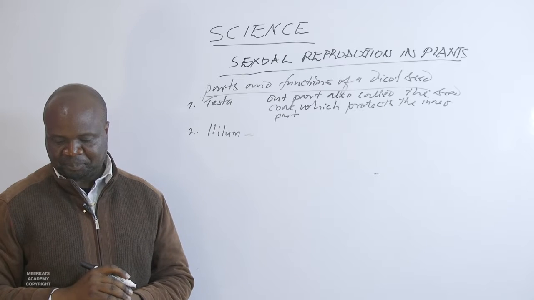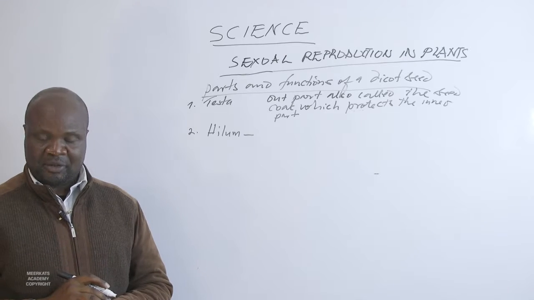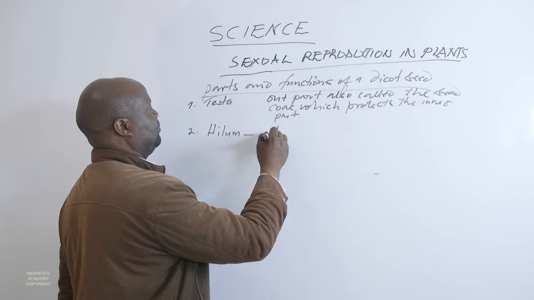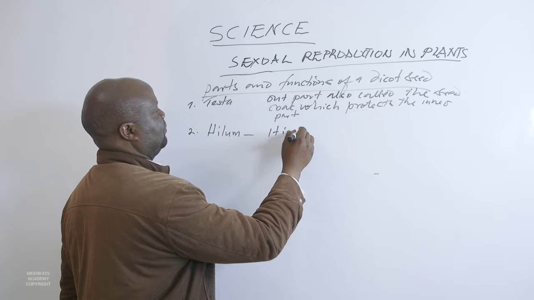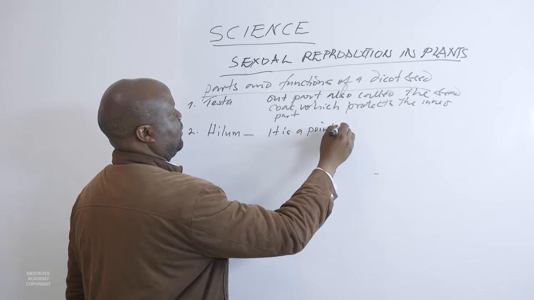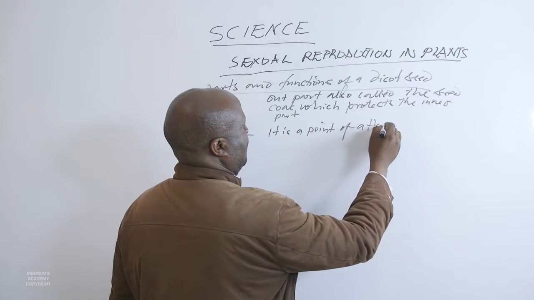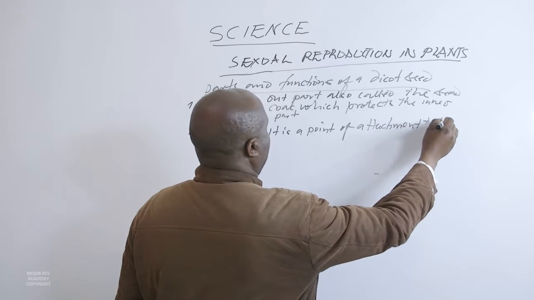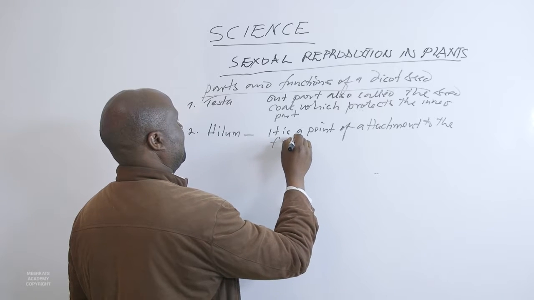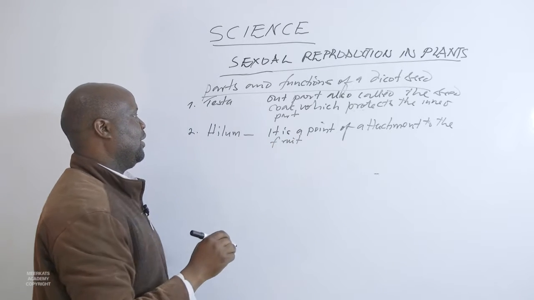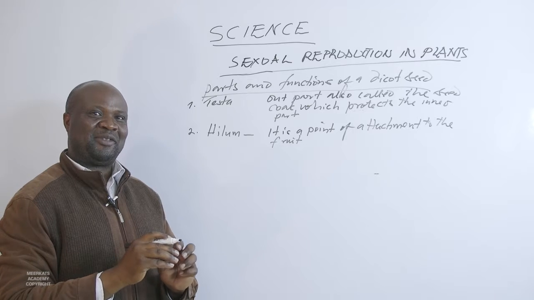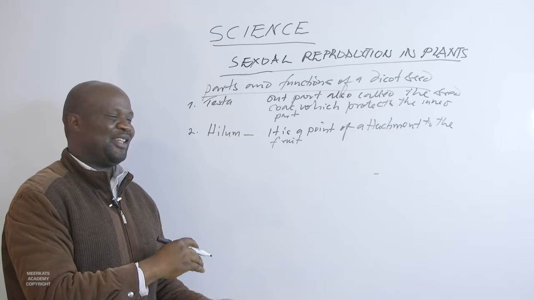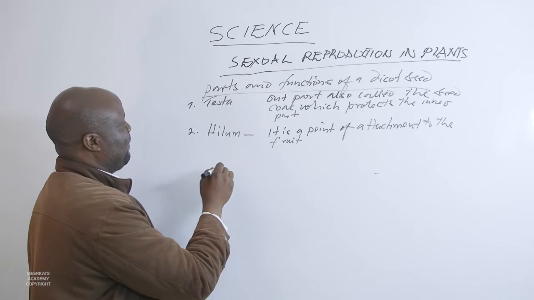The hilum is the point of attachment to the fruit. The seed is found within the fruit, that is the hilum.